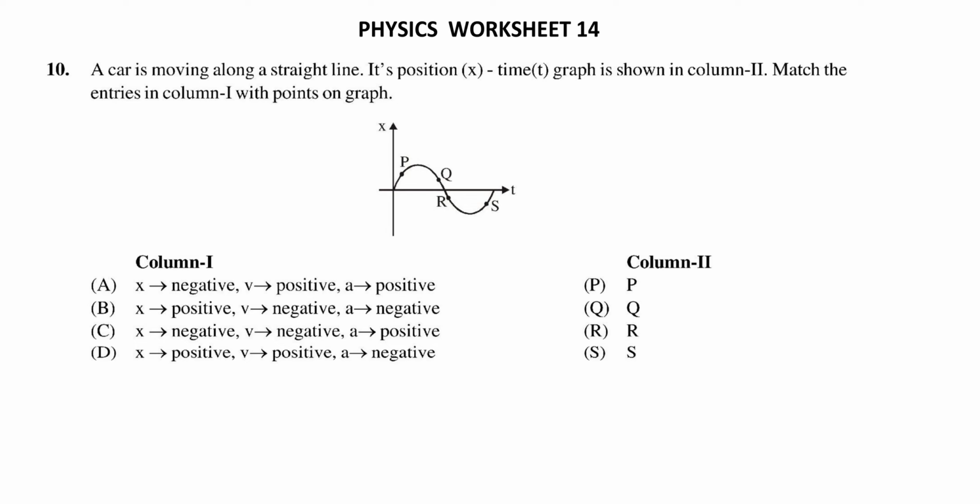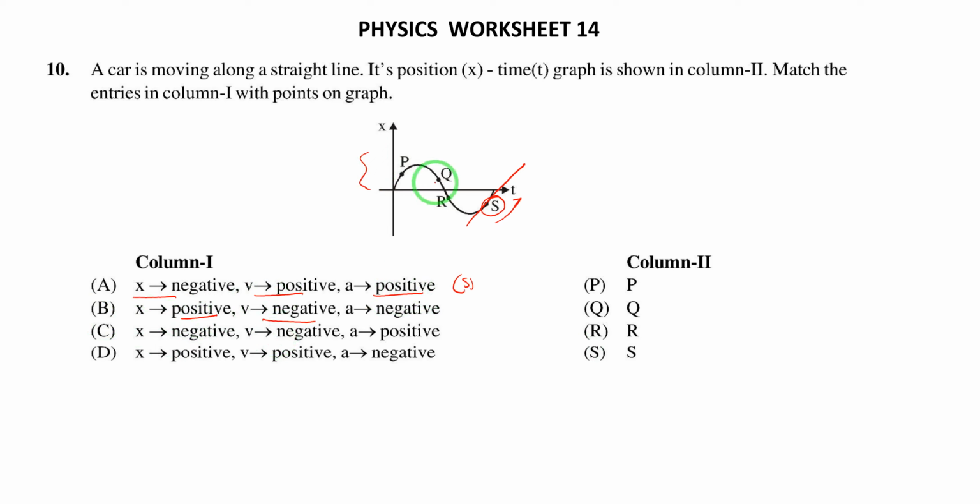Now this question number 10 is again the same as the previous one. Column 1 has x negative, v positive and a positive. So this will be at point S now, because here the speed is going up, slope will be positive, a is also positive and x is negative because it is below the time axis, so S will connect with A. Okay, B, x पॉजिटिव होना चाहिए, इसका मतलब P और Q में से कोई एक होगा.